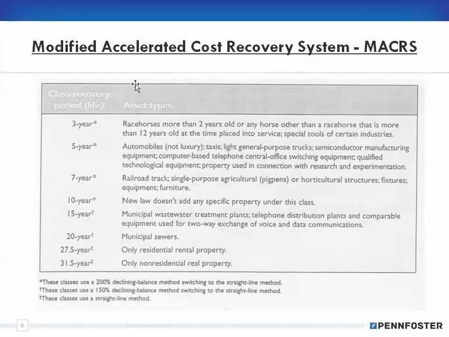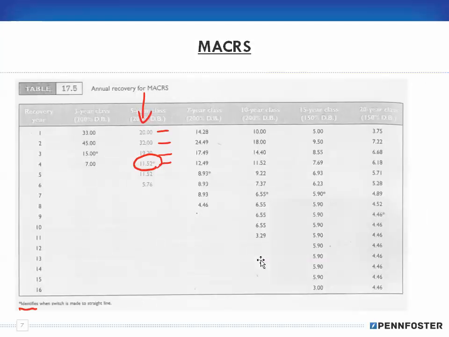Because remember, up here on this chart, we had an asterisk here, and it said that these classes use a 200% declining balance method, switching to the straight line method. Okay, and I had said we don't have to worry about calculating a 200% declining balance or the straight line. That is all figured into the percentage we're going to use.